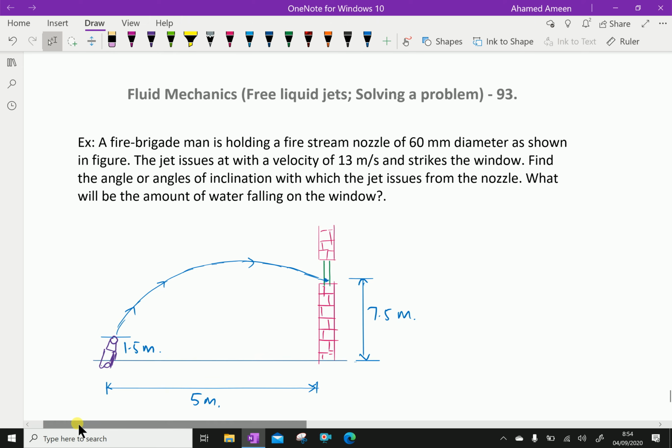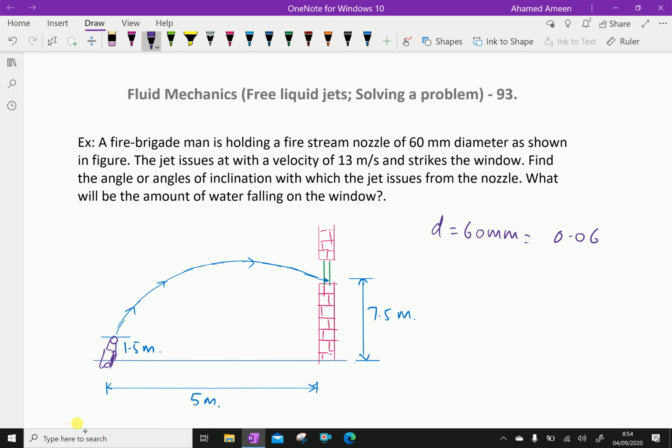Now, here the jet diameter D equals 60 mm, which is equal to 0.06 meter.